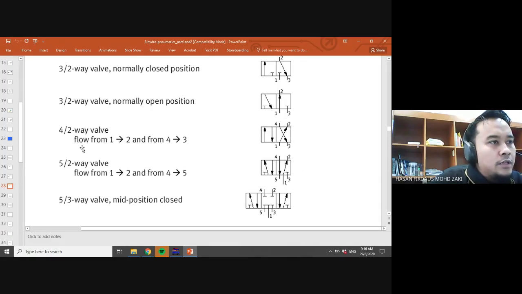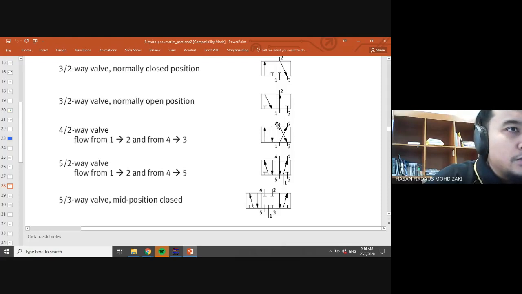So as you can see here, flow from 1 to 2 and from 4 to 3. All right. So you can see the arrow there. So this one, 1, which is the source, flows to port 2, right? So port 2 here will go to some controlling elements or directly to your cylinder.